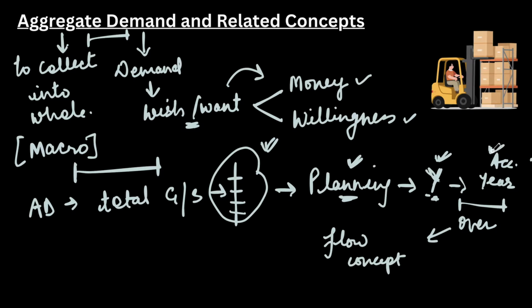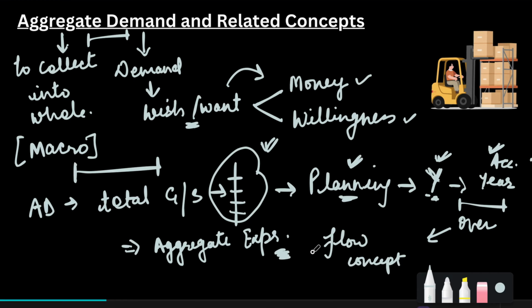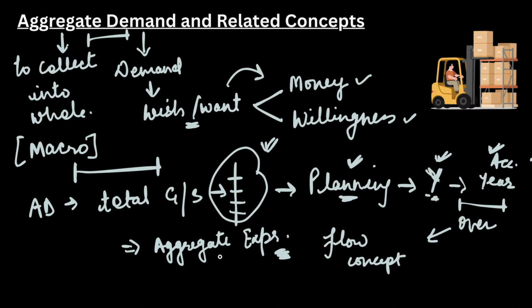Which means we can say that it is also aggregate expenditure. Whatever they are going to spend in an accounting year, aggregate expenditure and aggregate demand are one and the same thing.